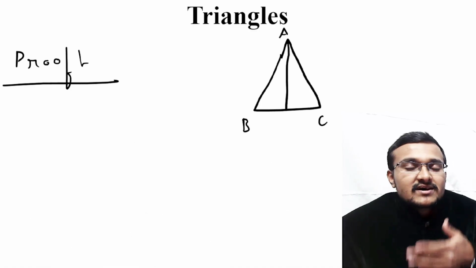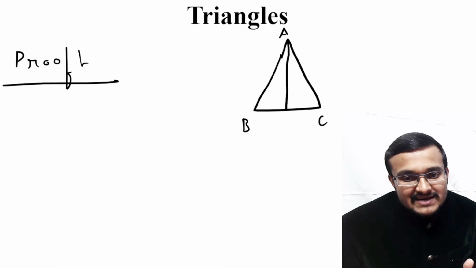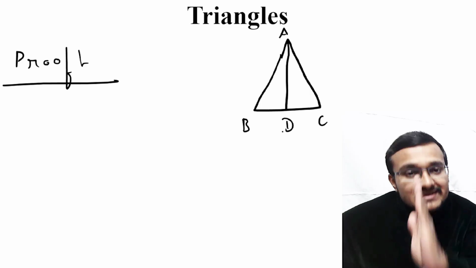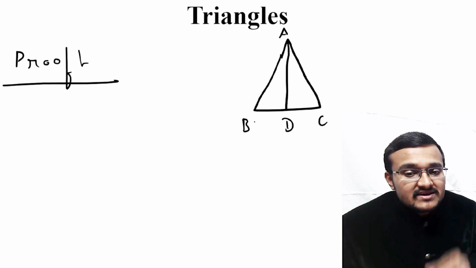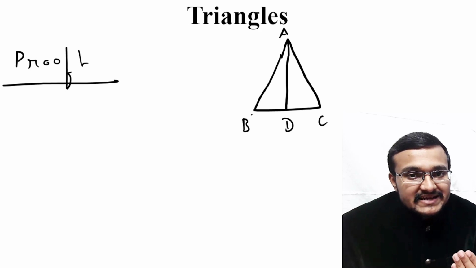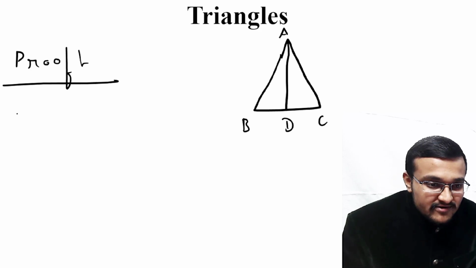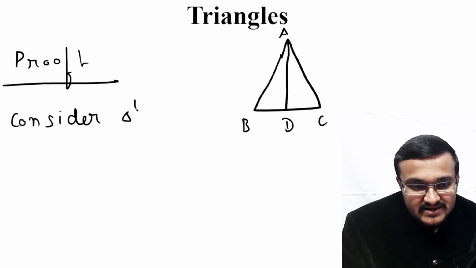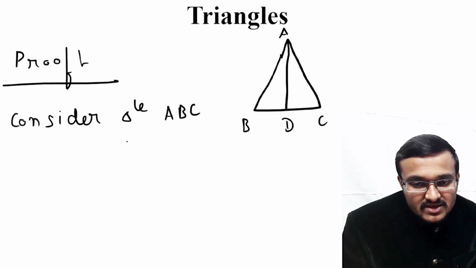So similarly you can write the statement on your own: let AD be the angle bisector for angle A, and here we are obtaining triangles ABD and ADC. So now consider triangle ABC.